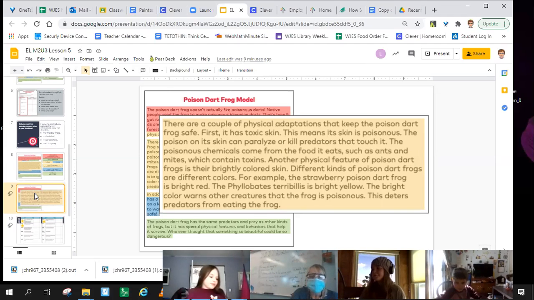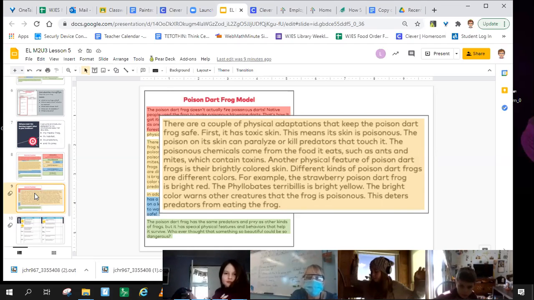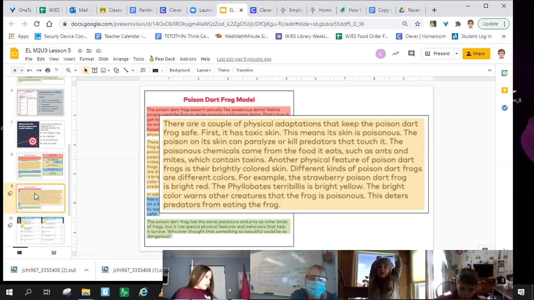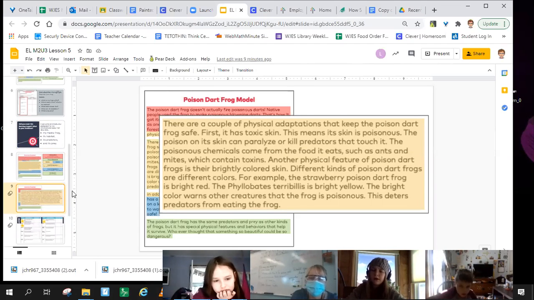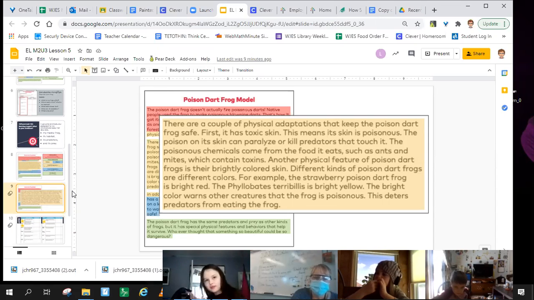Do all frogs have poison skin, have toxic skin? No, most of them don't, right? So that's a special thing. Unique. We only want to write down things that are unique, okay? Only things that are unique, because if we just write down they have two eyes, well, is that unique? No, all frogs probably have two eyes, right? But they have toxic skin.